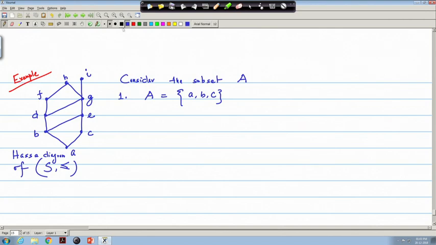The upper bound, UB, is E, G, H, I, and the lower bound, LB, is A.